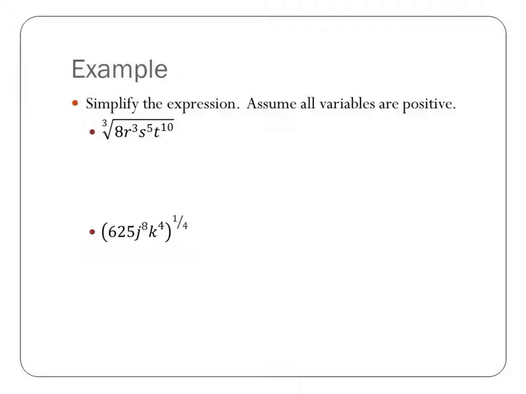Okay, cube root of 8r cubed, s to the 5th, t to the 10th. So first of all, the cube root of 8 is 2. Cube root of r cubed, that's 1r, so that's going to come out. So another way I like to think about these is every time you have a group of 3, it comes out as a group of 1. So if I look here, how many groups of 3 s's do I have?